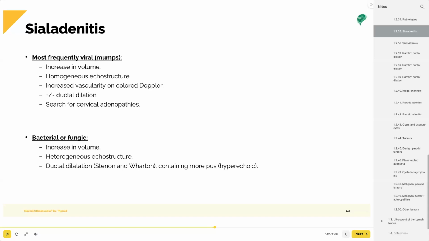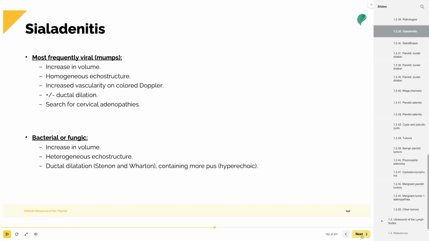Commonly with sialadenitis, we see an increase in volume, homogeneous echo structure, increased vascularity, ductal dilation. And we would also check the surrounding cervical area for any type of enlargements or abnormalities.